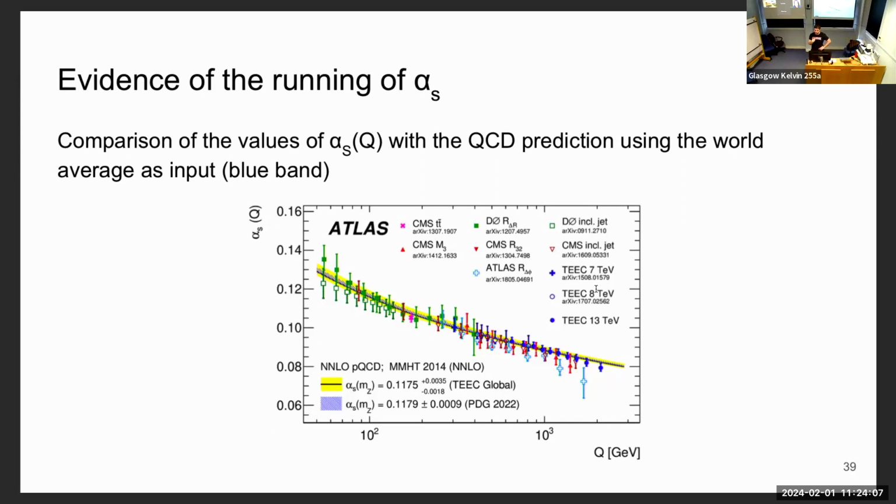You can see that they span values of Q from maybe 10 GeV to more than a TeV. So it's something very well measured, very well established, and a further confirmation of QCD.